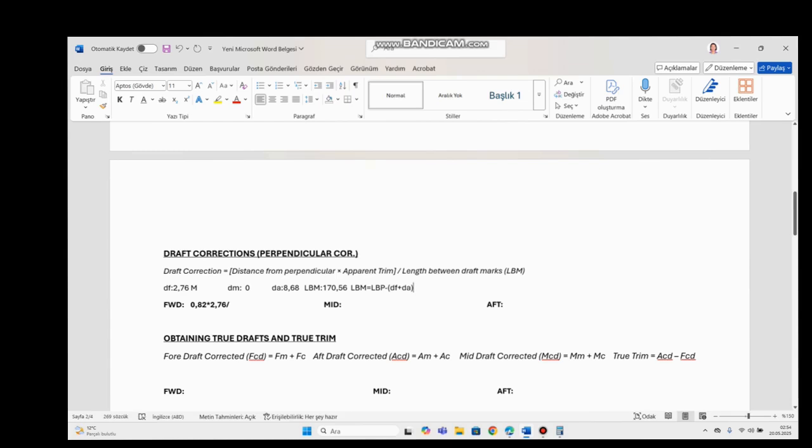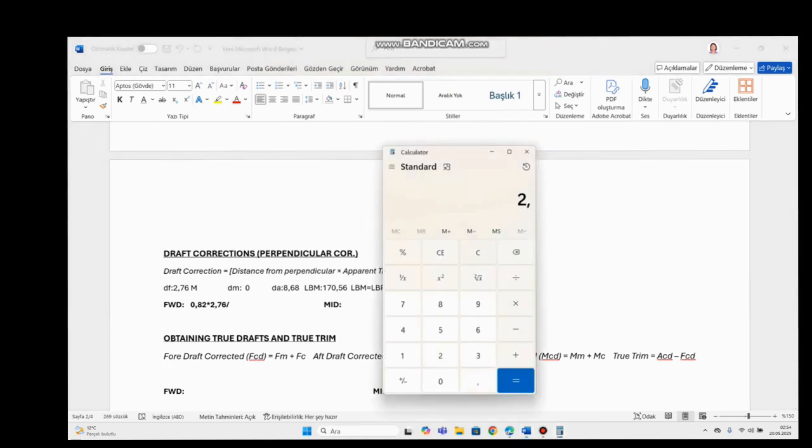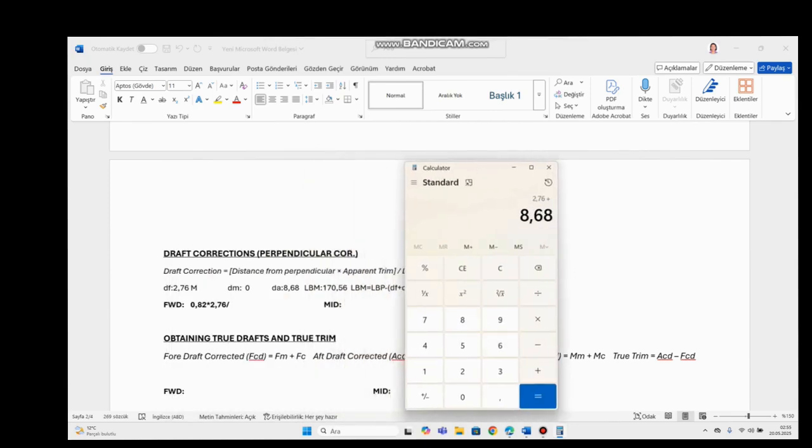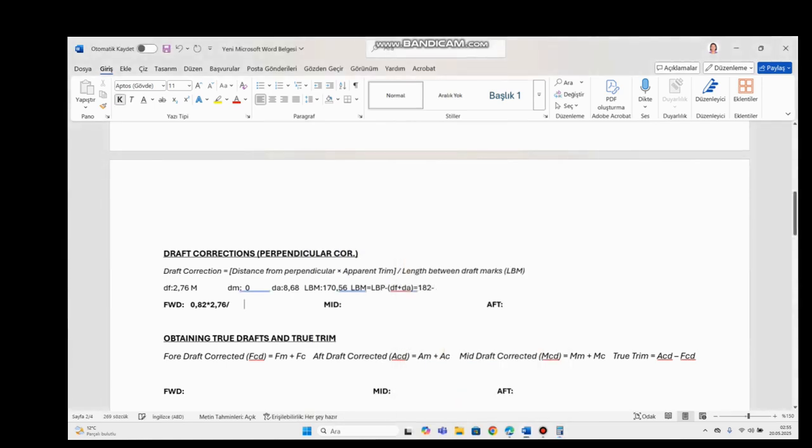What is our LBP? 182 meters minus 2.76 plus 8.68. Minus 182, 170.56. LBM equal 170.56. Let's calculate.